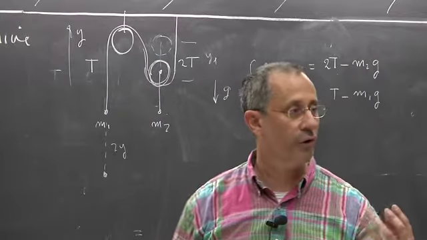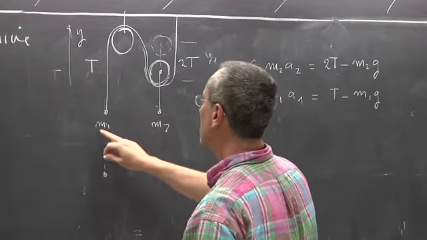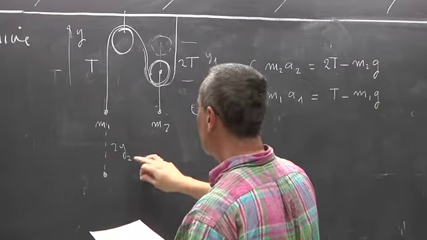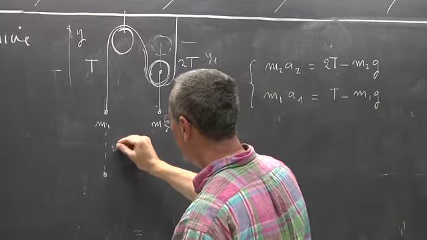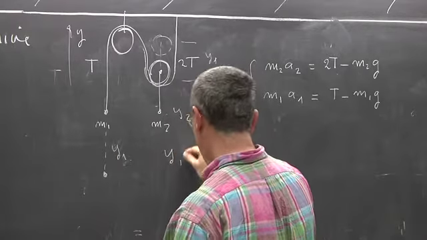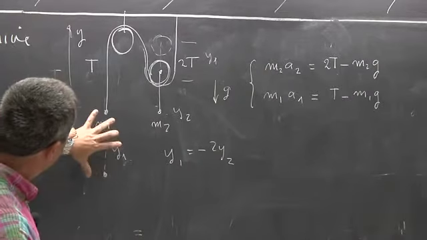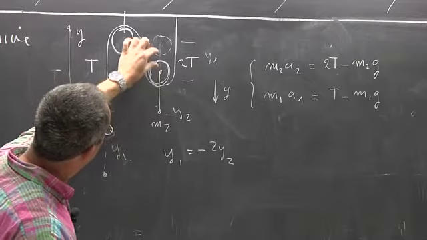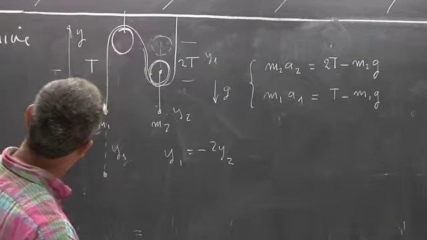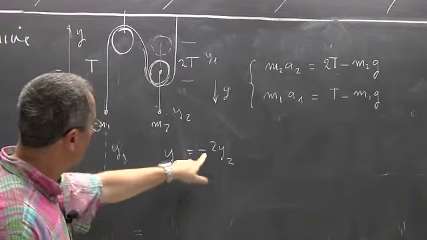So there is a sort of conservation of the string length that tells you the position of, I'm sorry, let's call this y1 and this y2. So you have y1 is equal to minus y2, twice as much, as I said. Because if I move by y2, I get twice as much string that flows down this way, and so this one goes down by twice as much, and that's why you have a minus.